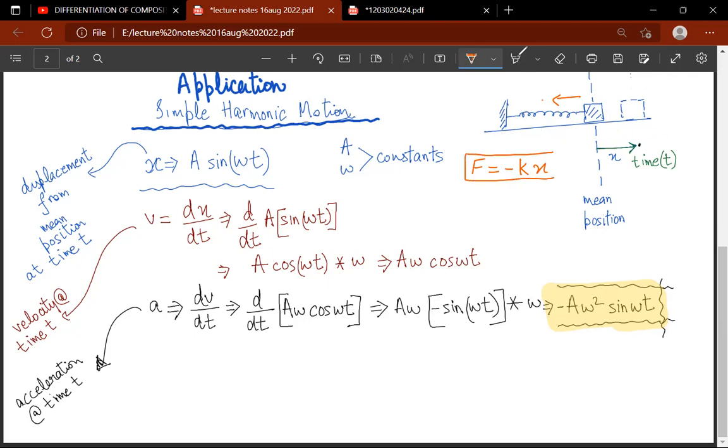I didn't discuss this last time, but it is part of the class 11th chapter, so you can note it down. This force is called a restoring force. It is very important to understand the value of this x. This x is the displacement of the block from the mean position.